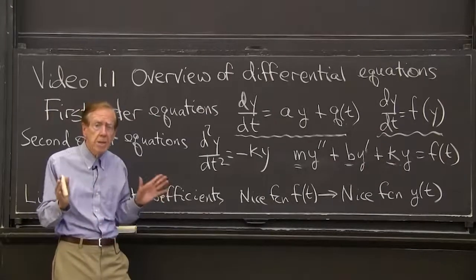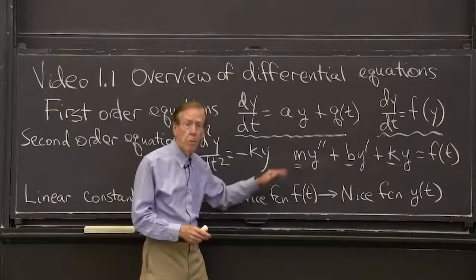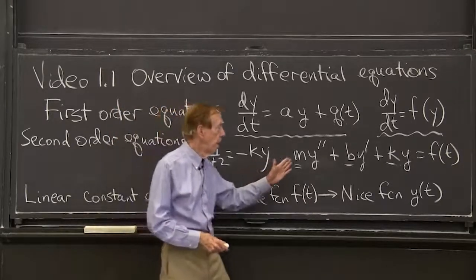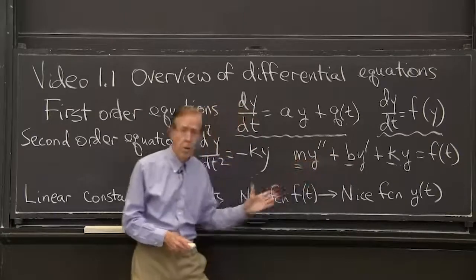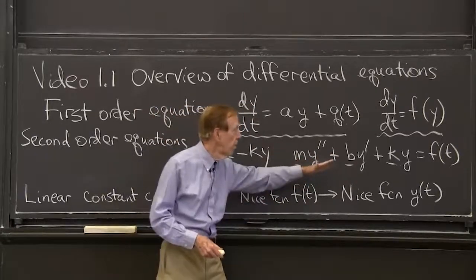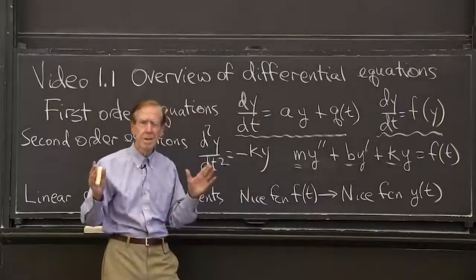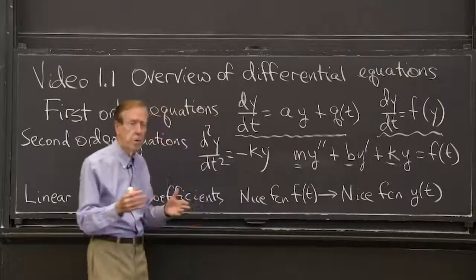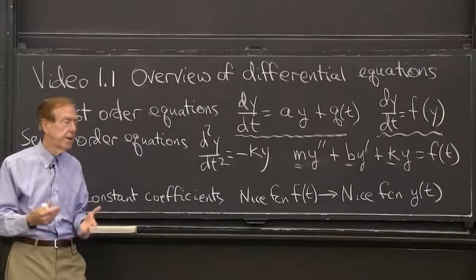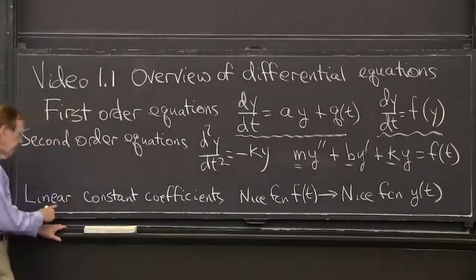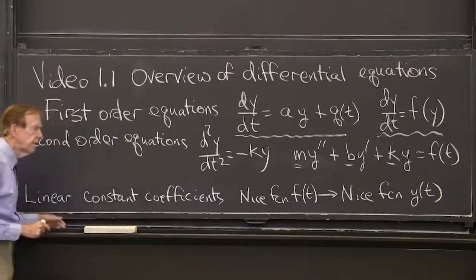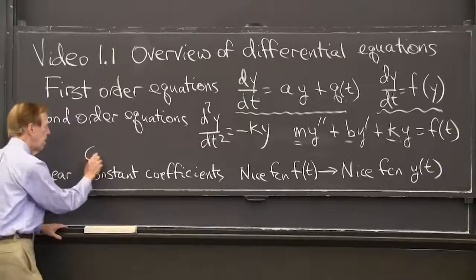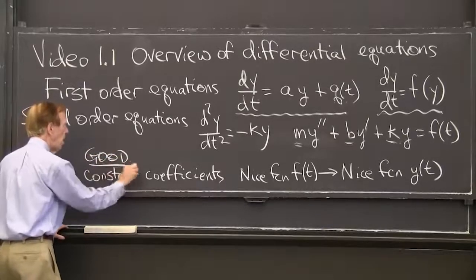So that's really the problem that we can solve as we get good at it, a linear equation, second order, let's say, with constant coefficients. That's pretty much pushing what we can hope to do explicitly and really understand the solution. So linear with constant coefficients, say it again, that's the good equations.